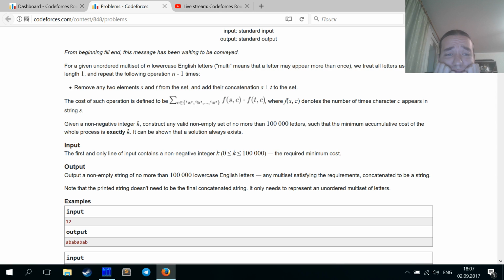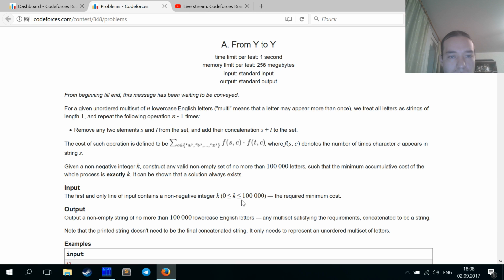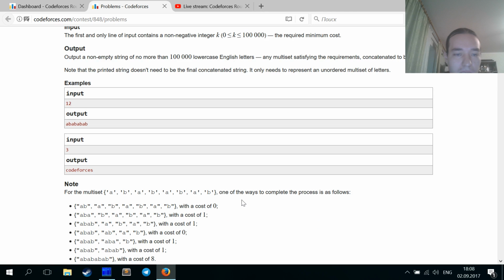The explanation is a bit fuzzy, so to save time, I'm going to look at the examples. Okay. So I think I know how to solve this one.